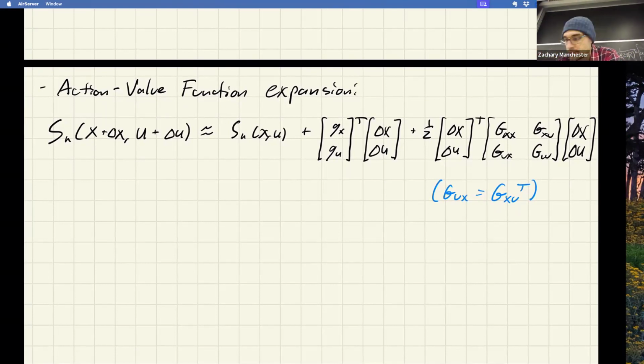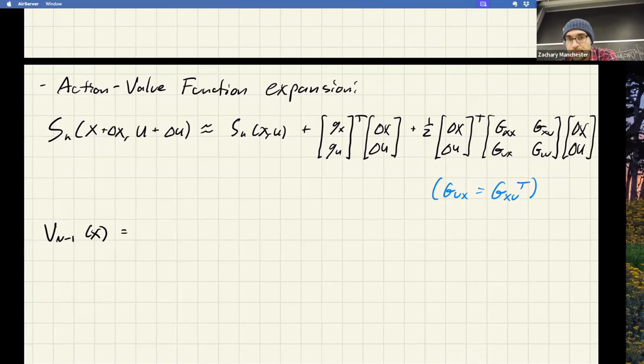So we've got Vn minus 1 of x, or k minus 1 or whatever, doesn't really matter, let's write k, is min over delta u of this whole thing.